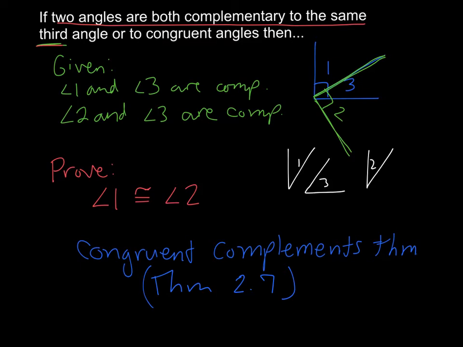Okay, I did say that we would revisit this second part here. There's really 2 possibilities for setup for this proof, 2 cases, I should say. You could have 2 angles that are complementary to congruent angles rather than the same third angle. So instead of this being the same, where you've got angle 3 and angle 3, we could have 1 and 3, 2, and let's add another angle here, call that 4.